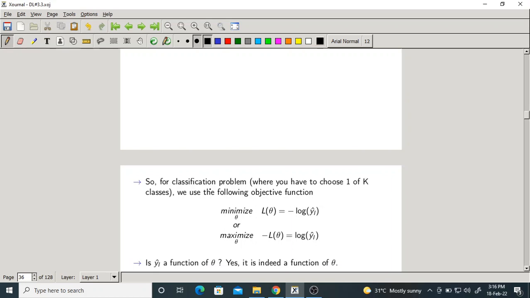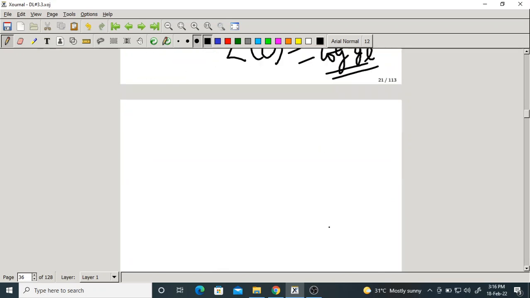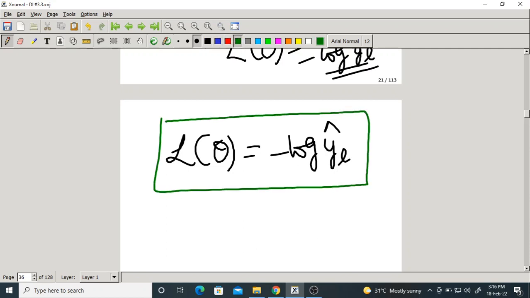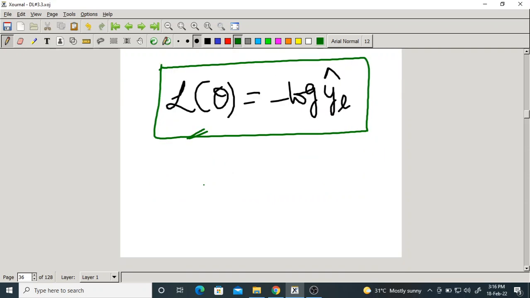Now, for a classification problem, this is the objective function. L of theta is minus log of YL hat. This is what we need to minimize. So for a classification problem, the loss function need not be a sum of the squares of the error.